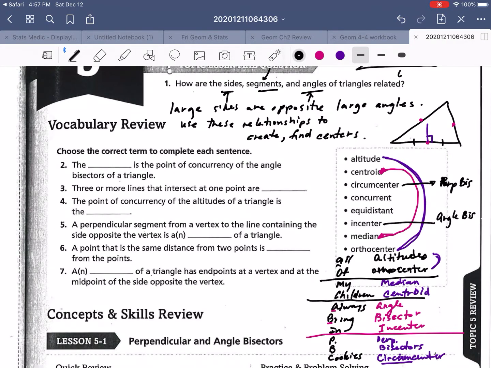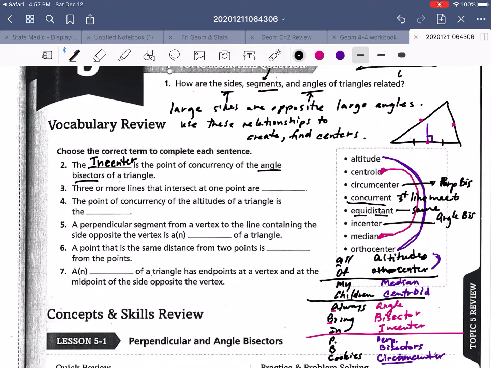Concurrent means three or more lines meeting in a single point. Equidistant means the same distance from each other. That's basically it. So let's connect these. It says the blank is the point of concurrency of the angle bisectors. Angle bisectors make incenters.